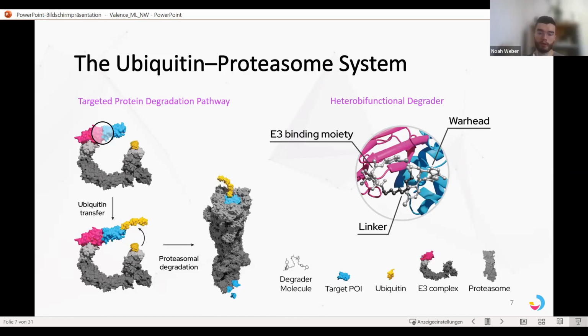Now, in order for all of this to happen, obviously there's a lot of interplay happening, but one of the most important first steps is determining this stable ternary complex between the protein of interest and the E3 ligase, meaning making sure that the blue molecule together with the E3 binding moiety, warhead, linker, and the red molecule forms together.